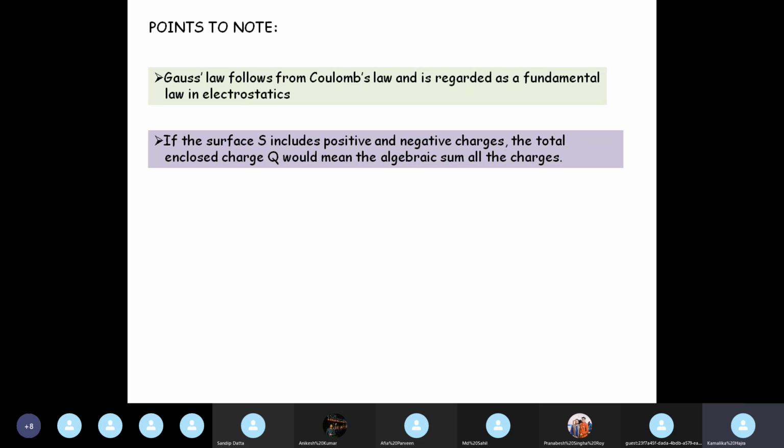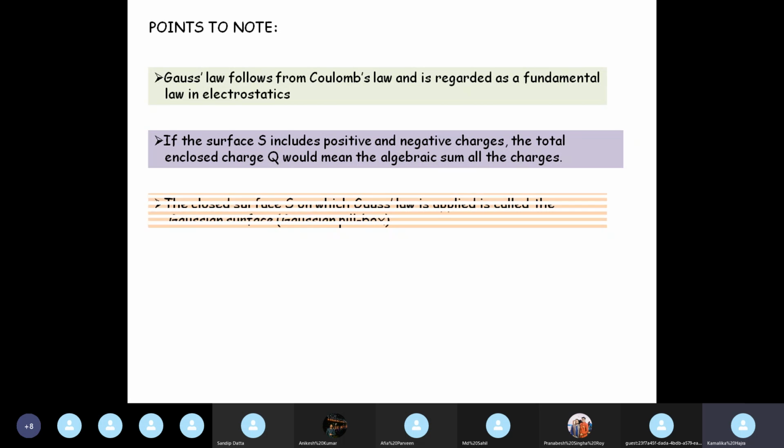So when we talk about the total charge enclosed by a surface, we are talking about the algebraic sum of the discrete charges present, if the charges are discrete. If it is a continuous distribution, then we will of course take the continuous distribution formula. But if the charges are discrete, then enclosed charge means the algebraic sum taking into account the positive or negative nature of the charges that are enclosed.